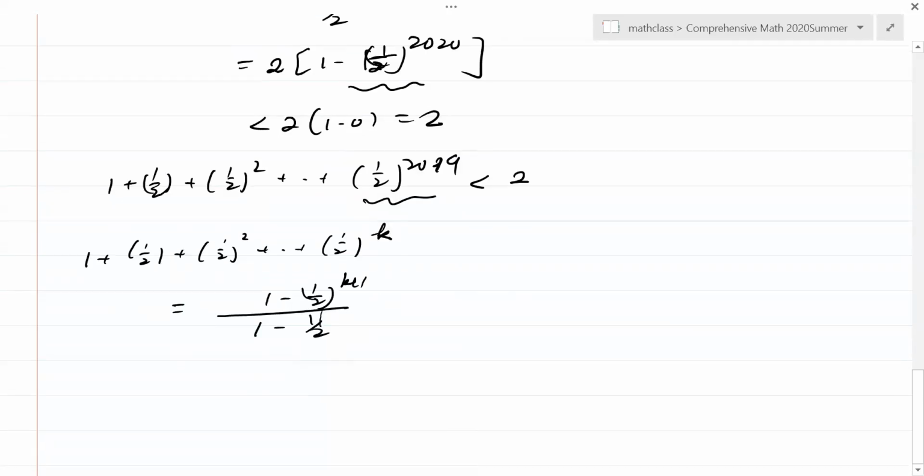After we simplify the denominator, which is just equal to 1 half, and the same idea, it's going to be 2 times 1 minus 1 half to the k plus 1.